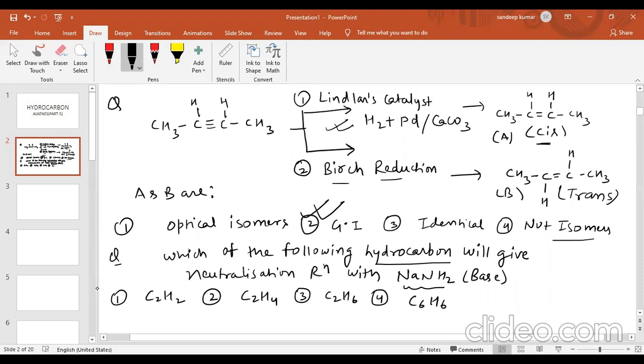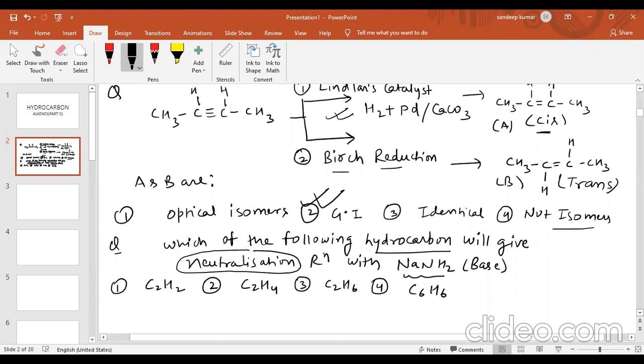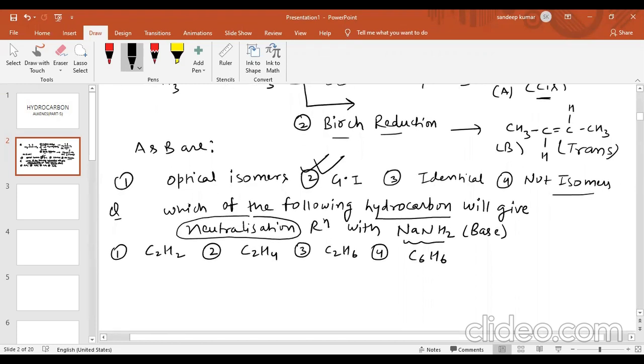As we know, a neutralization reaction is basically an acid-base reaction. In a neutralization reaction, acid and base react. So NaNH2 is given as a base. Now see, this is C2H2, and C2H2 is a terminal alkyne.